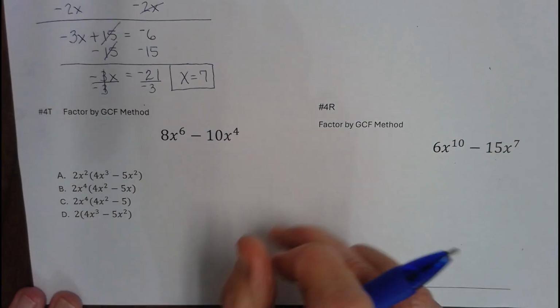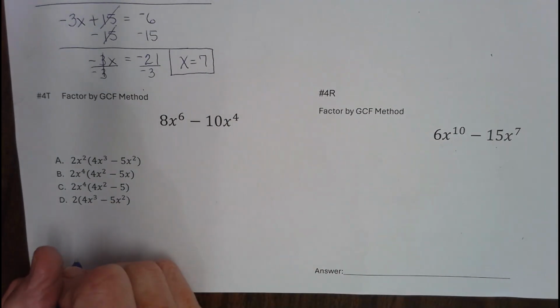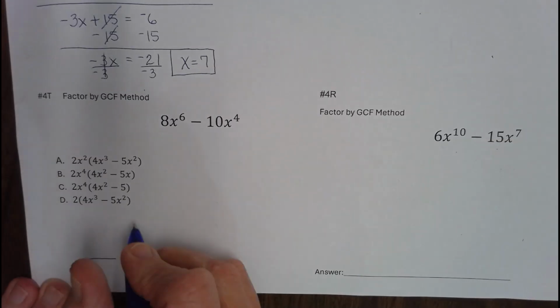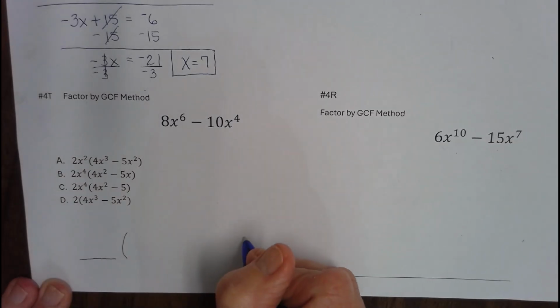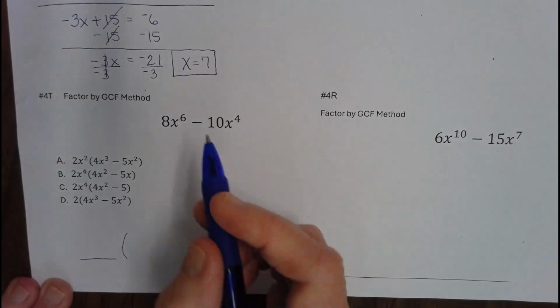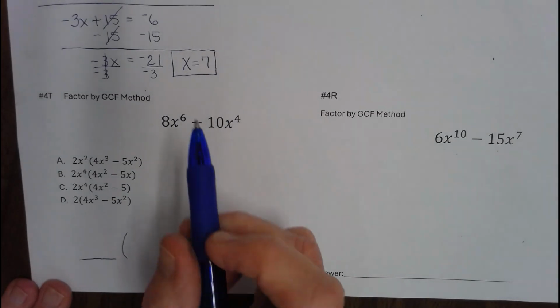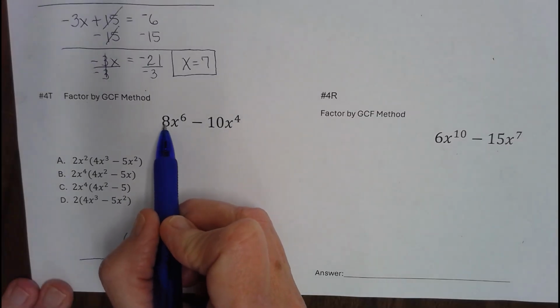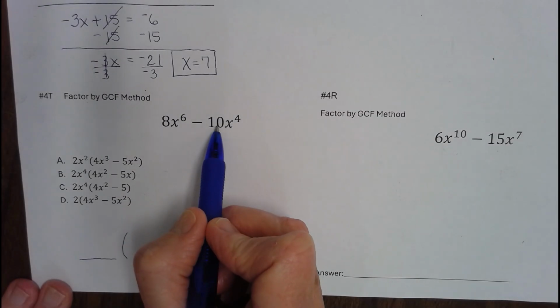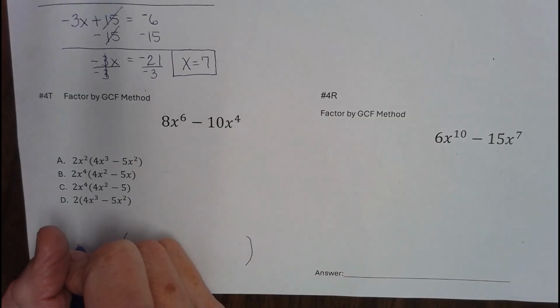Greatest common factor method. Basically, the way we do the greatest common factor is we find the greatest common factor, we pull it out, and we set up one parenthesis. So I need my greatest common factor. The greatest common factor between 8 and 10 is a 2.